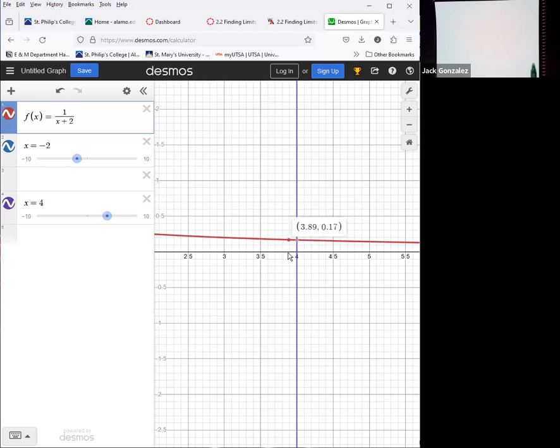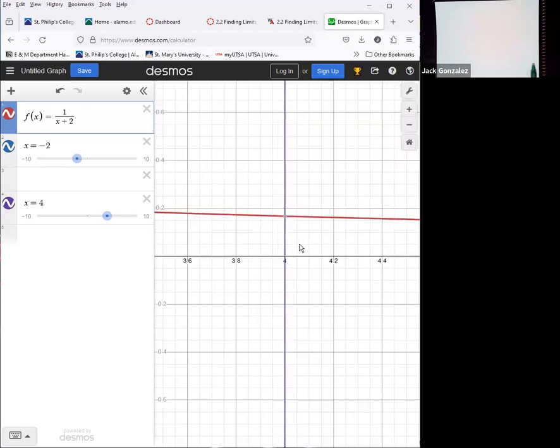So since from both directions, as we approach, let me get a symbol here. As we approach from this direction, the right side and the left side, let me draw that better.